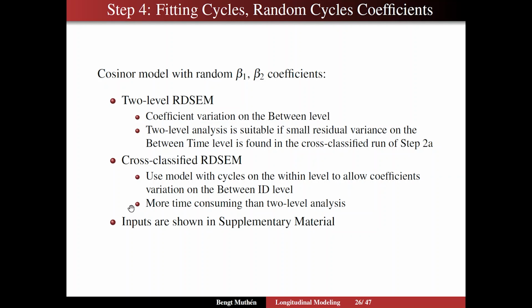But it's much more time-consuming than two-level analysis. So we're going to focus on the two-level RDSEM, but it is possible in principle to do this step 4 using cross-classified RDSEM as well.